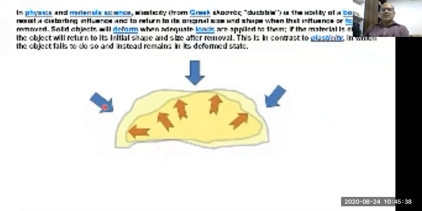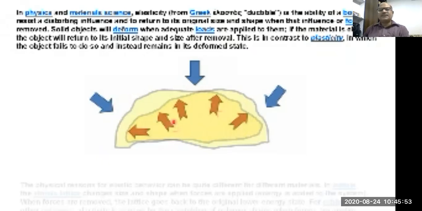This type of property, where the shape is not regained by the object after the removal of the force, is known as plasticity. And you can understand that if any object is there, there are certain forces from outside we are applying, and the forces from inside are resisting that change due to the applied force.